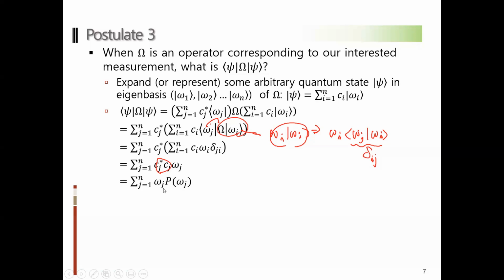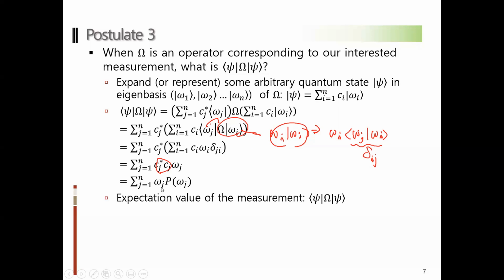So the total summation means that you are multiplying each possible measurement value by the probability of measuring this value. What do we call this kind of summation? It is generally called the expectation value of this random variable, because here the measurement result appears randomly.